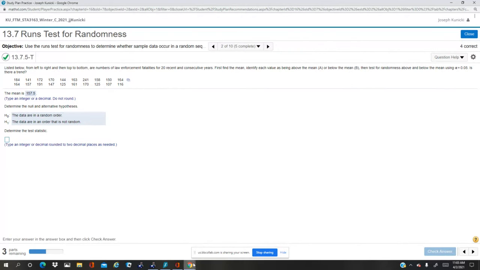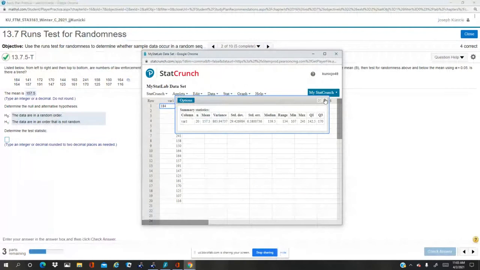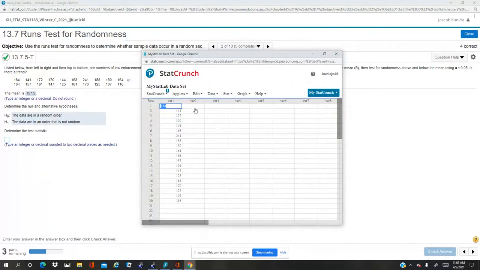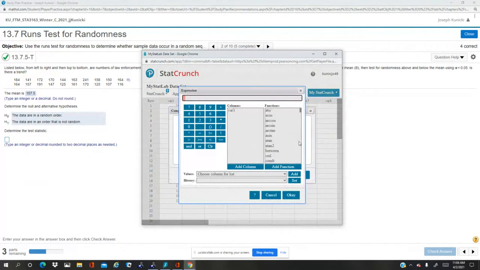So I go back to the data, and I have to create a new column. So for variable 2, I do data, compute, expression, build. Variable 1, add column, and then subtract the mean, 157.5.